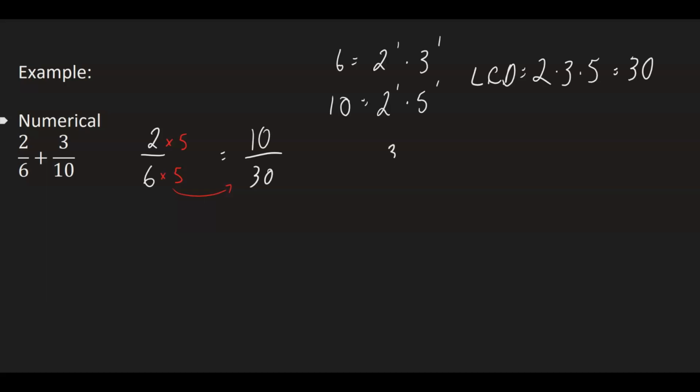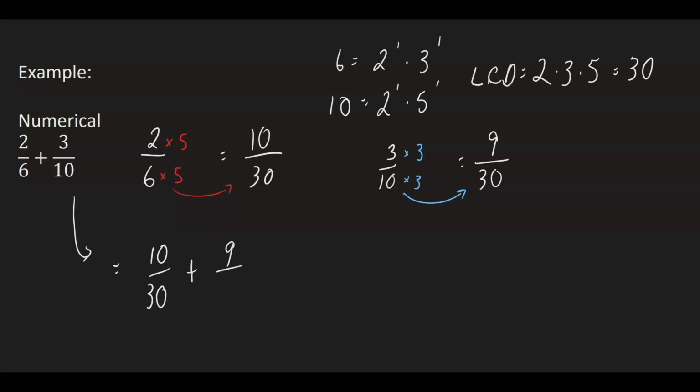And my 3/10, I want to make it into a fraction over 30. And so what is 10 multiplied by to get 30? It's multiplied by 3, and this should be multiplied by 3, which gives me 9. Now, this is where I can do an equals. I have my equivalent fractions, each over 30: 10 over 30, plus 9 over 30, equals 19 over 30.